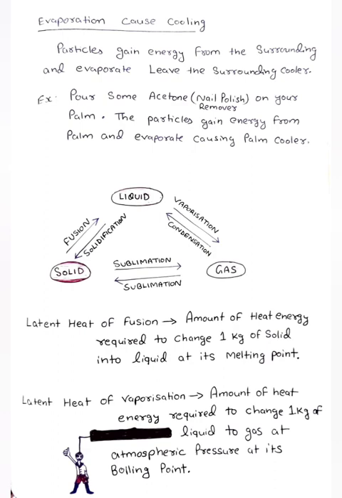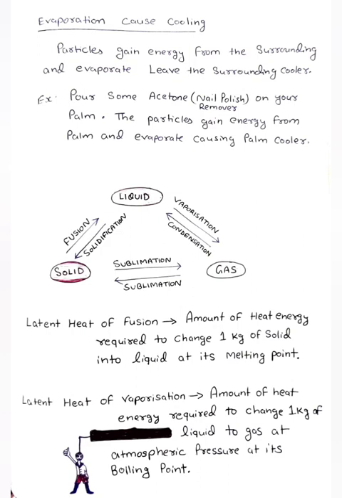Sublimation is a process in which a solid is directly converted into gas and gas is directly converted into solid. Latent heat of fusion. It is the amount of heat energy required to change 1 kg of solid into liquid at its melting point.